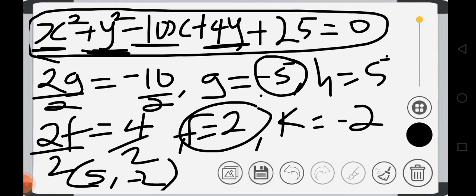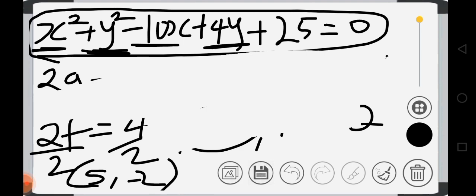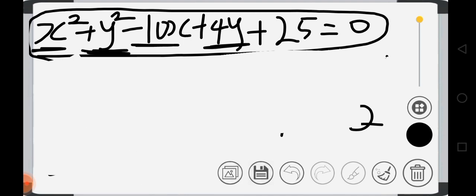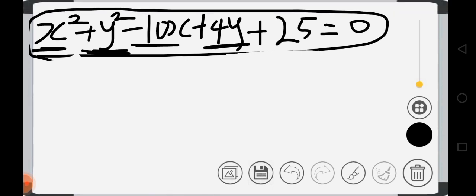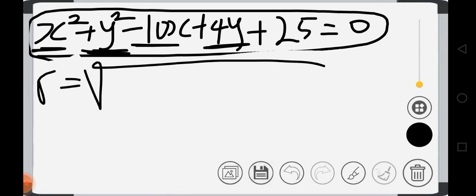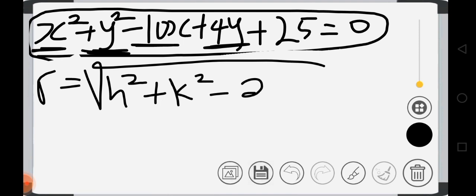Now let's get the radius of this circle to see what we're going to have. It's a very simple thing. Remember, I told you the radius is equal to the square root of h squared plus k squared minus c. Just put minus c, there's nothing to put 25 yet.